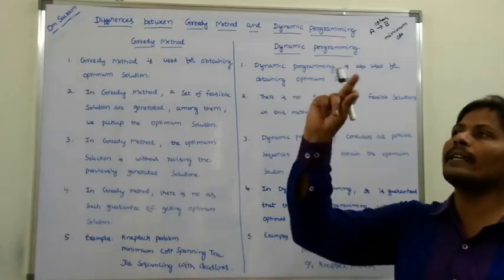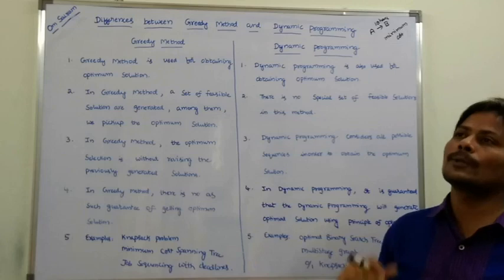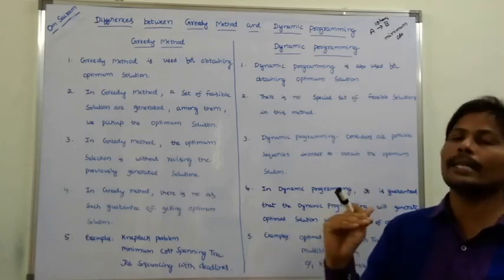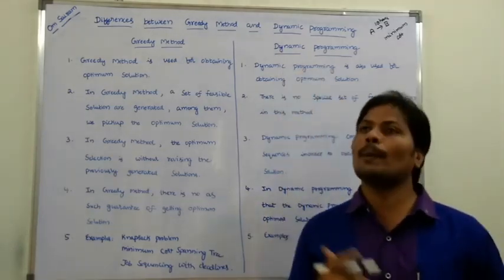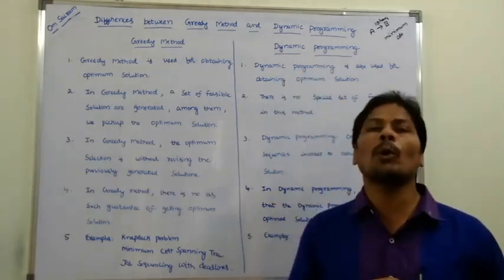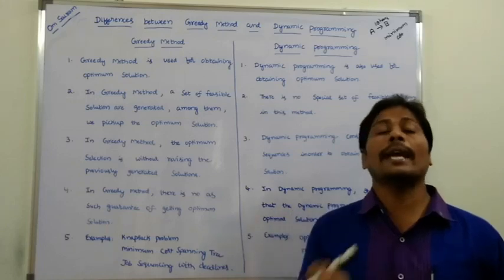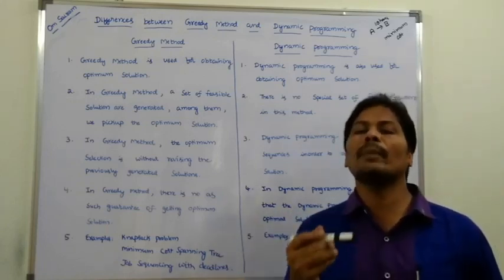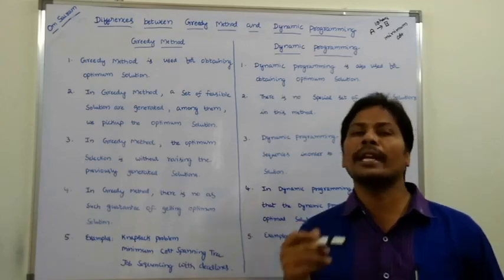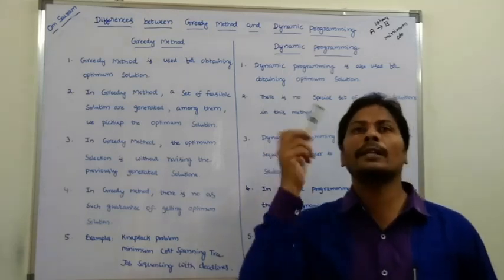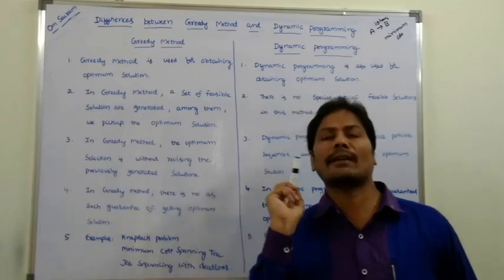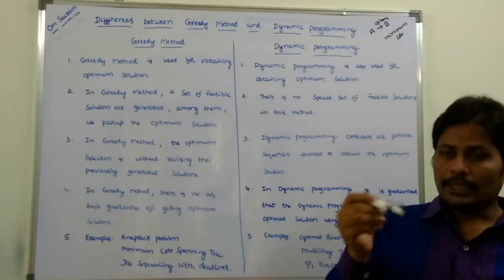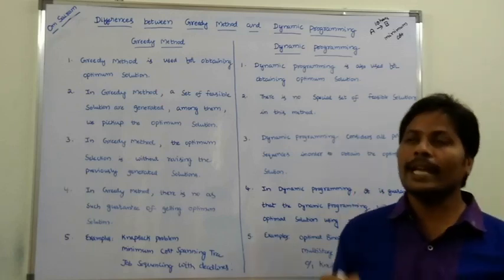Suppose one parent is there, one child is there. The child can take the properties or characteristics from the parent. Suppose the parent is an optimal problem, then the child is also an optimal problem, because the child can be produced or generated from the parent. Whatever behavior or characteristics are there in the parent, the child can observe.